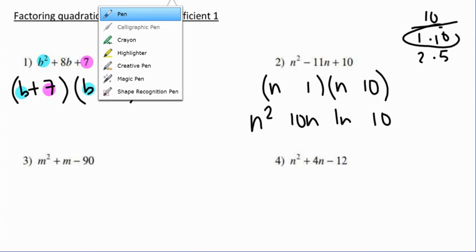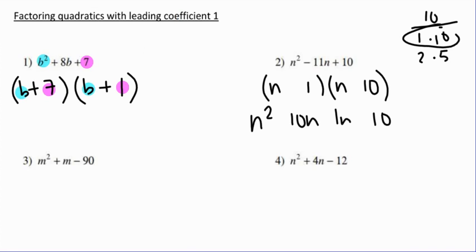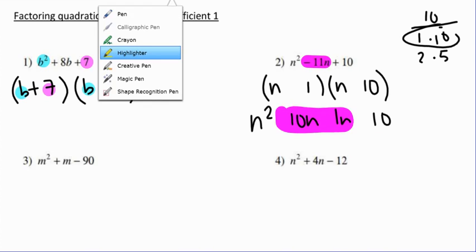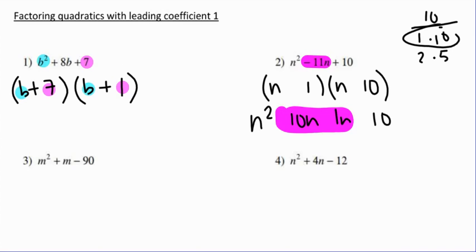So whatever goes on here as far as my signs go, I need these two to total a negative 11. So I have to have a negative 10 and a negative 1. A negative 10 and a negative 1 give me negative 11n, which is what I need. So that helps me determine what signs live here. Those are both going to be negatives because I need two negatives in the middle.